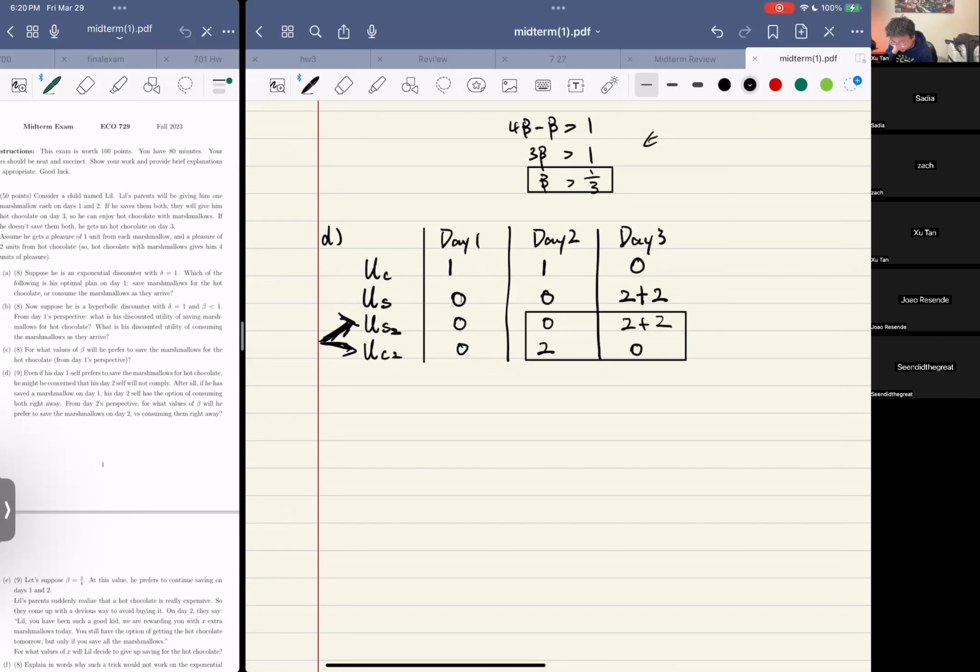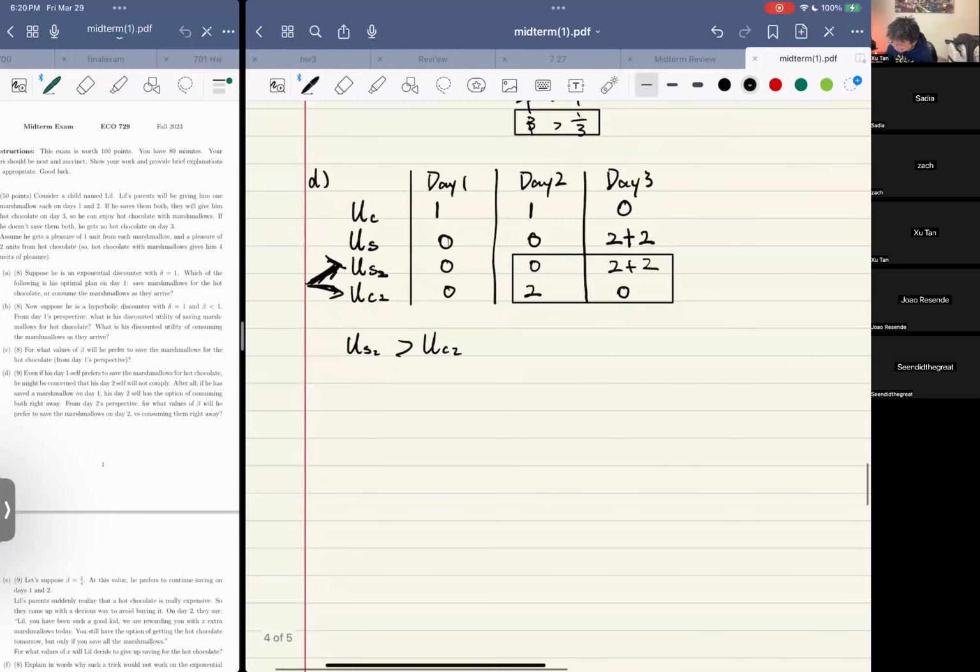So for what value of beta will he prefer to save the marshmallow on day 2 versus consuming it right away? So US2 is greater than UC2. So US2, which is beta times 2 plus 2, and UC2 equals 2.